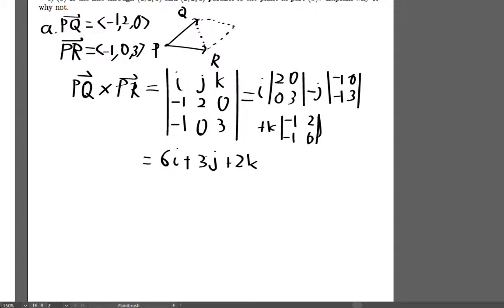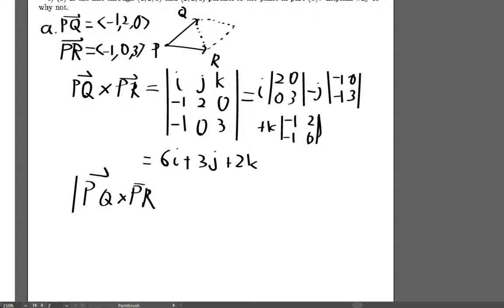It is because of cross products. The direction is normal to both of the vectors, but the length is the area of the parallelogram. So let's compute the length of PQ cross PR.